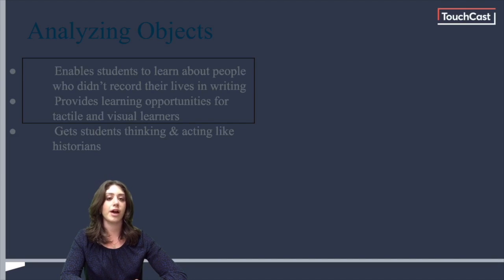And this also allows you to get your students truly thinking and acting like historians. Archaeologists and other site historians use objects a lot to tell the story of the different people they're investigating, and it's not necessarily the traditional written text that you would normally use in your classroom.